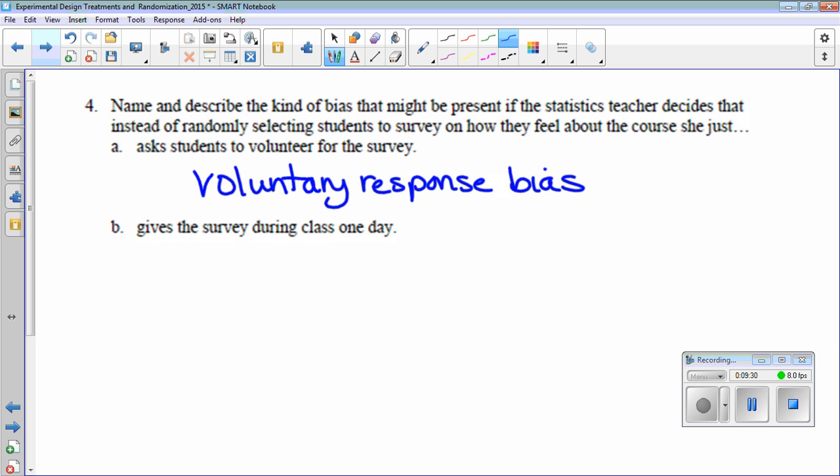Gives a survey during class one day. What's wrong with that? It's going to suffer undercoverage because not everyone's in class. One class is not representative of everybody, therefore, it's a convenient sample, right? So because it's a convenient sample, it's going to suffer.